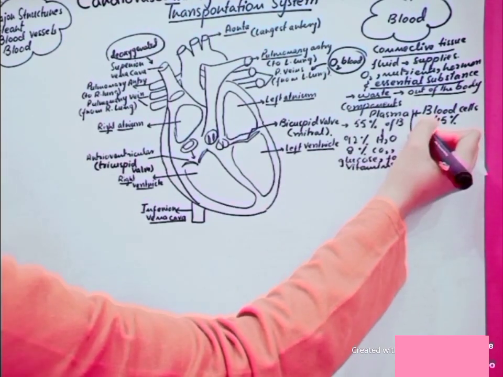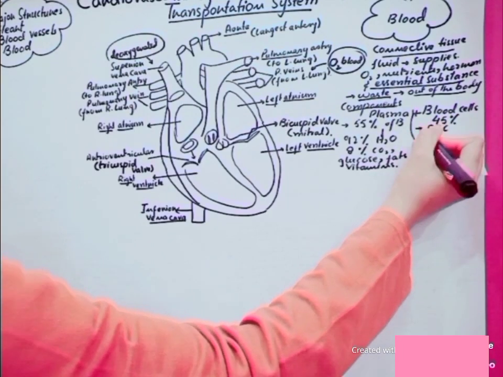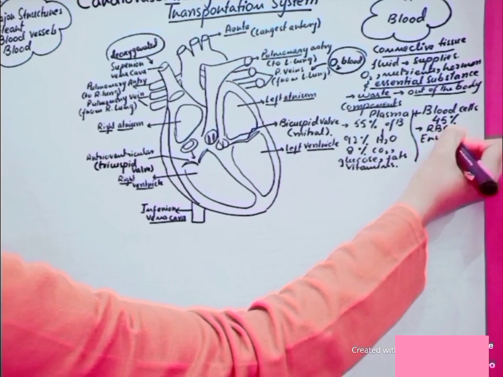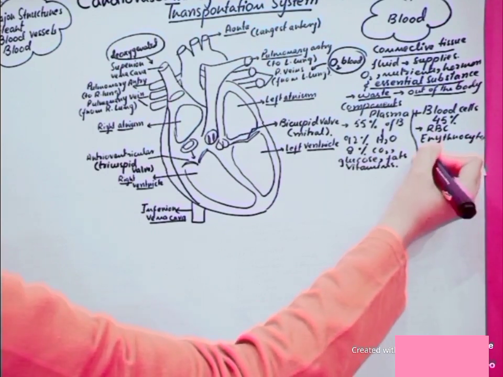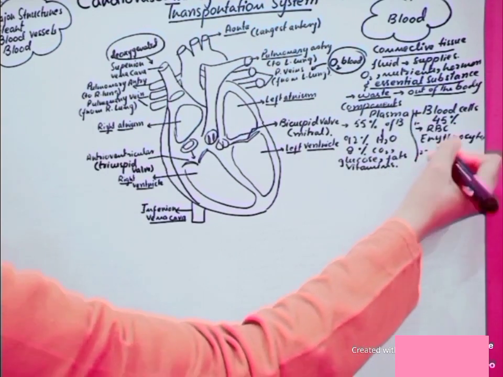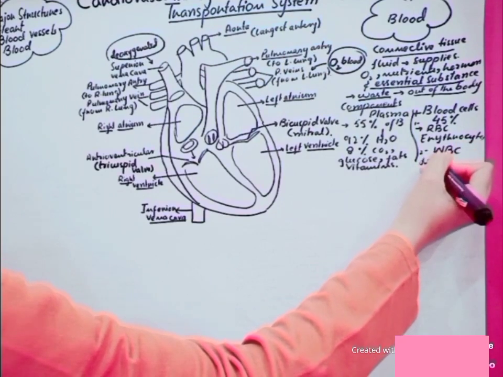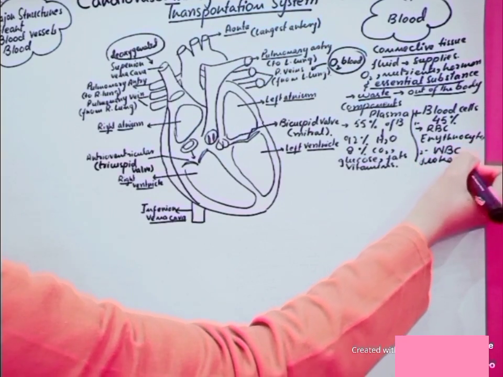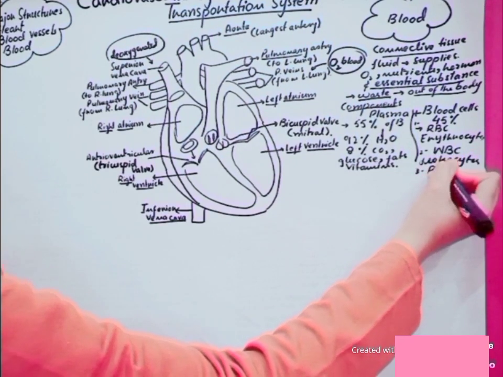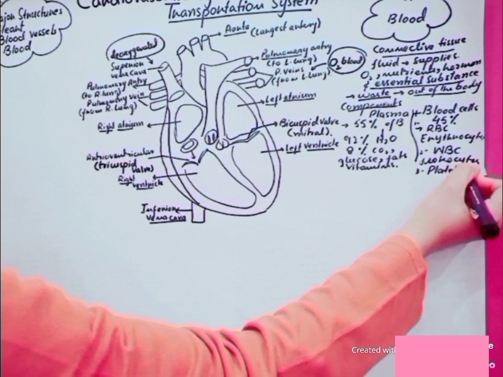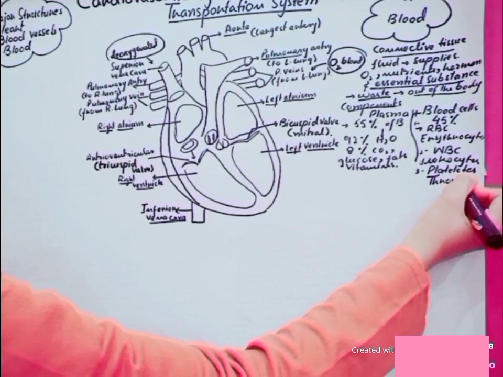The blood cells are of three types: red blood cells or erythrocytes, white blood cells or leukocytes, platelets or thrombocytes.